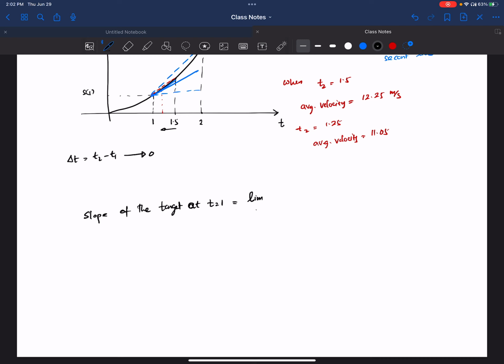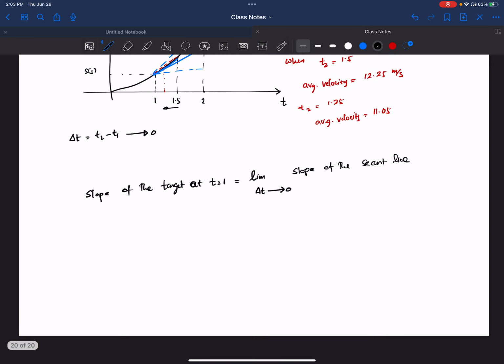We call this moving delta t to 0. That's how we mathematically indicate that. When delta t goes to 0, it is mathematically written as lim, or limit, delta t goes to 0, slope of the secant line.